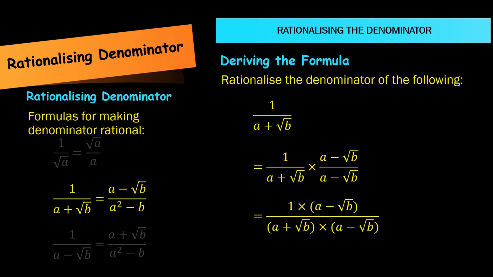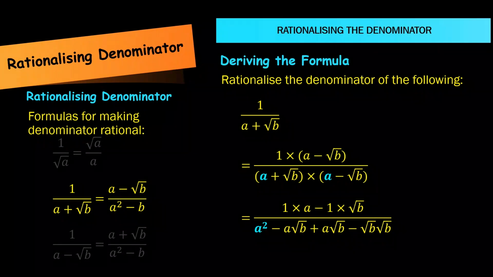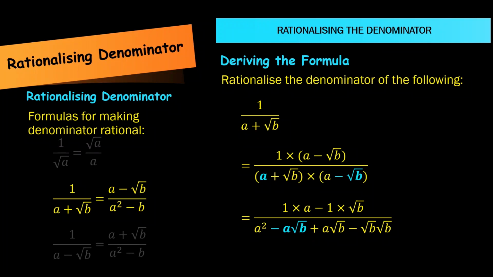Expanding out in the numerator gives us 1 times a minus 1 times root b, and in the denominator we have a squared minus a root b plus a root b minus root b times root b to give us a minus root b divided by a squared minus b.